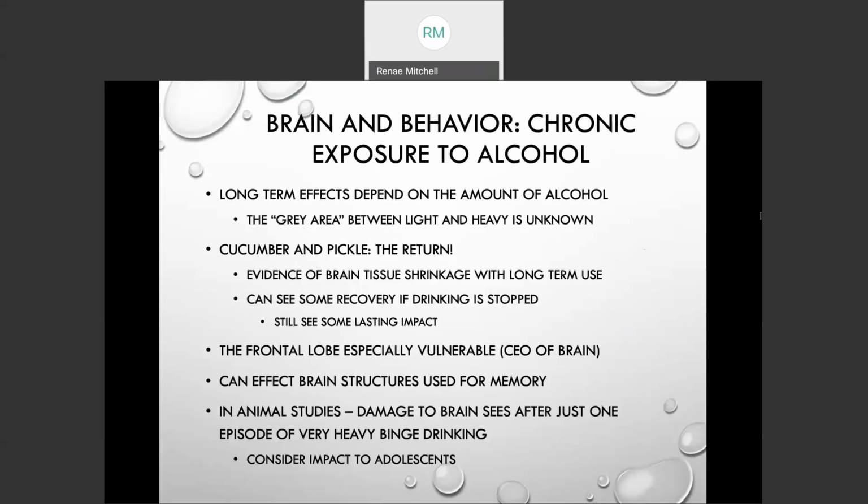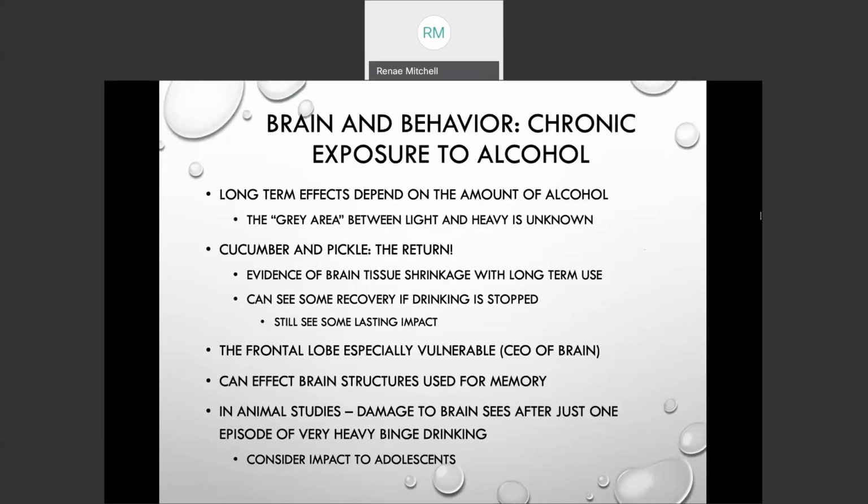At least in animal studies, if animals are given a large enough dose of alcohol, even as a first alcohol use, there can be brain damage that occurs as a result. And it's due to the alcohol shutting down those parts of the brainstem that are associated with oxygen regulation and blood flow. So then you start to see damage occurring to the body because the brain isn't functioning the way it should.